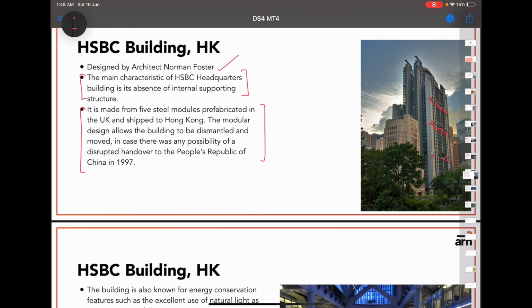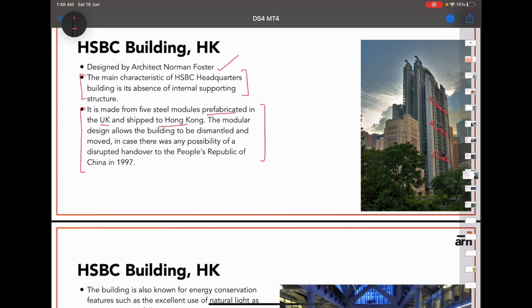So these structural modules allow the internal structure of the building to be column free, and at that point the technology was not developed enough in Hong Kong, so they were prefabricated in the UK and shipped to Hong Kong.